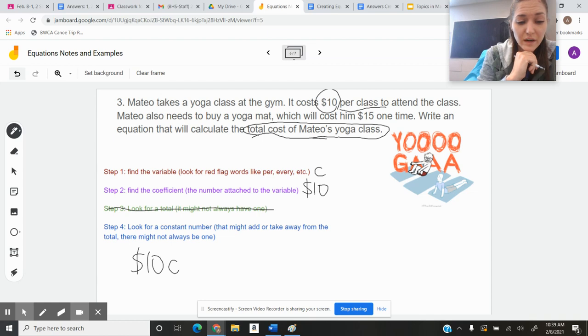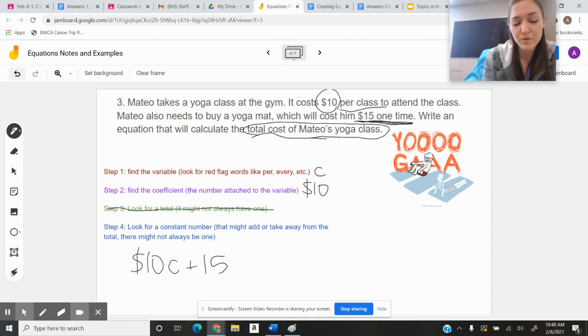We need to look for a constant number that might add or take away from the total. And in this case, we do have one. So he has $10 per class, but he also has to spend this extra 15 bucks. Okay, he's not going to do this every single time he takes a class. He's just going to do this one time. So instead of multiplying by our variable, we're just going to add it on to our total cost, right?